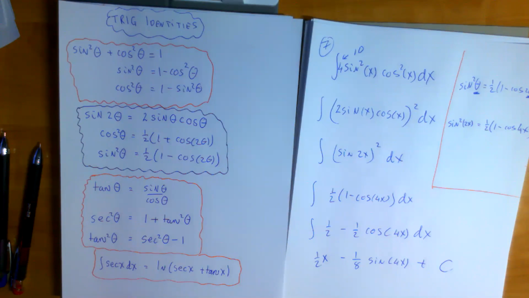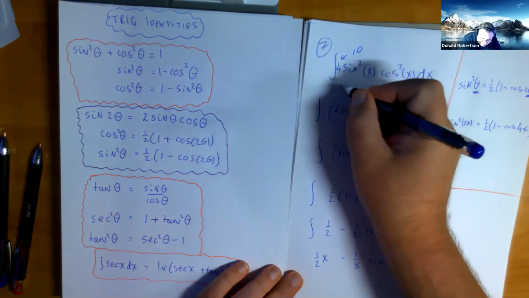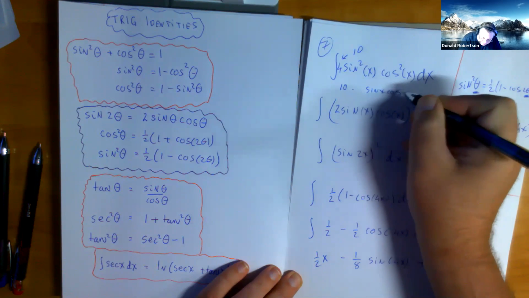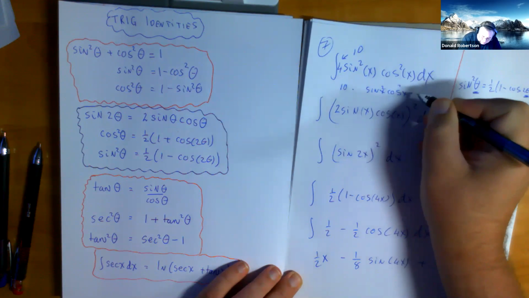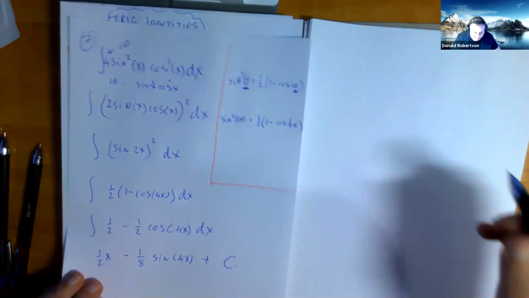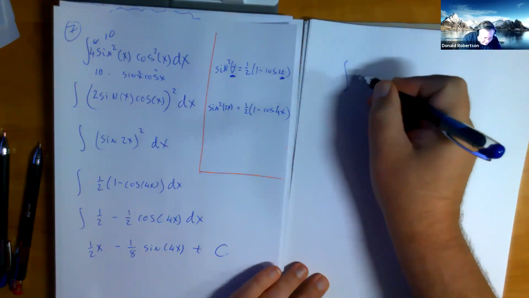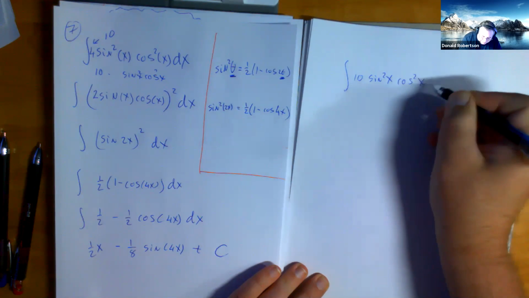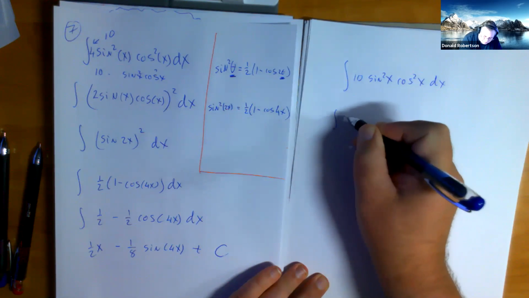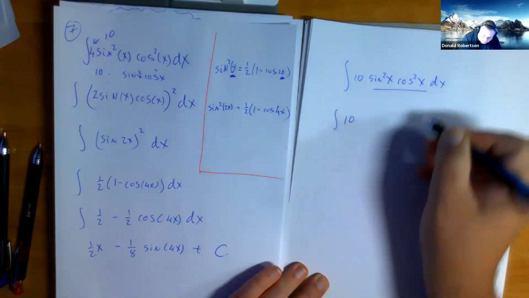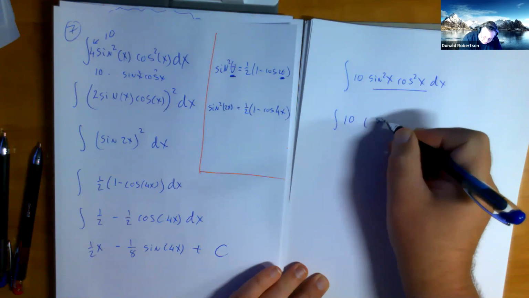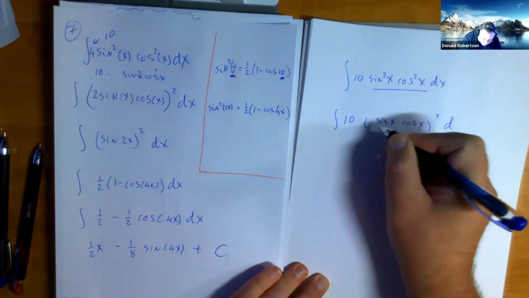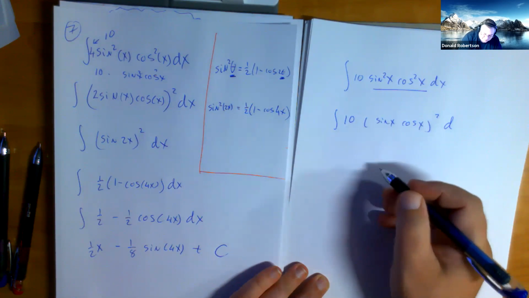So what you would probably do here is think of it as 10 sine x, cosine x, squared. Let's do it again. Imagine it was 10 sine squared, cos squared. All I'm doing is a little different approach to it. I'm going to take that and think of it as sine x, cosine x, just being squared. It doesn't have the 2, right?